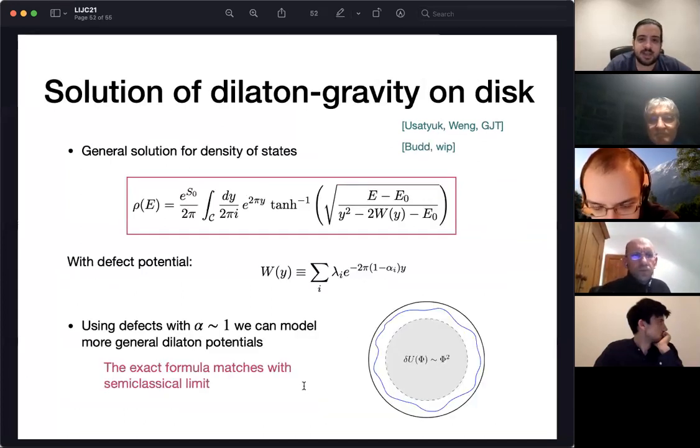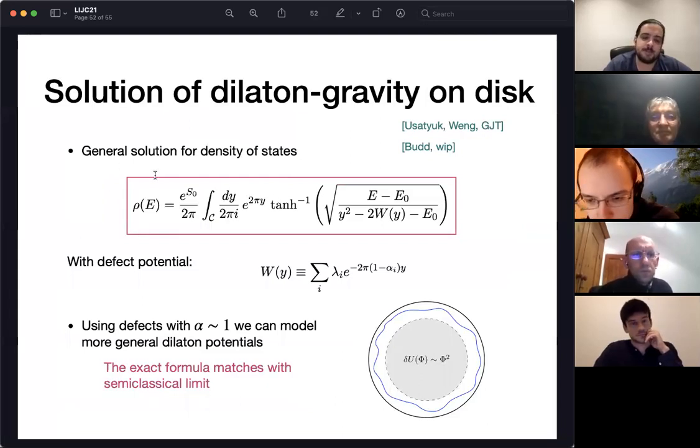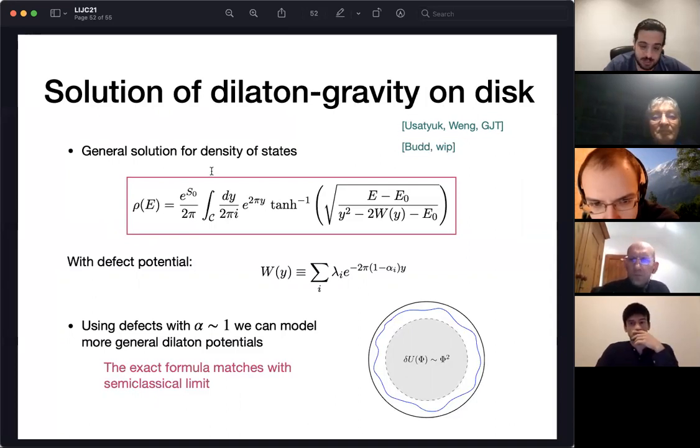Okay, and I think this is the last slide with equations. So in the paper with Usatiuk and Weng, we found a nice way to, and it's also being studied by Timothy Ball, there is some nice way of writing the exact, so what I showed before looks a little ugly, but you can write the density of states exactly in this way.